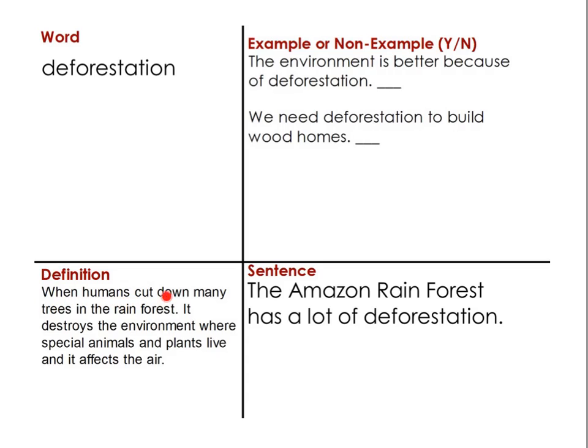When humans cut down many trees in the rainforest, it destroys the environment where special animals and plants live, and it affects the air. Let's read the sentence. The Amazon rainforest has a lot of deforestation.